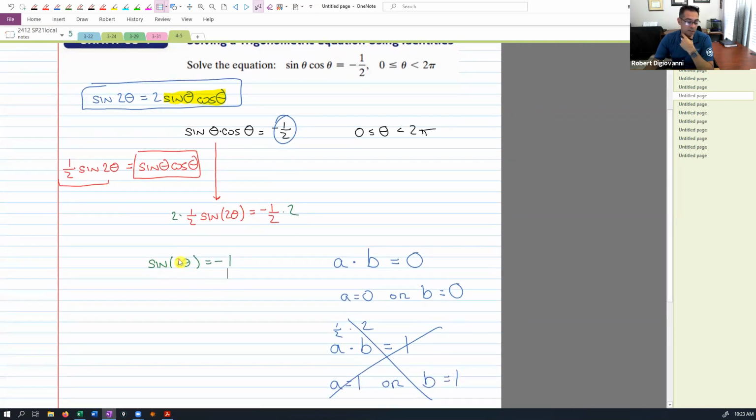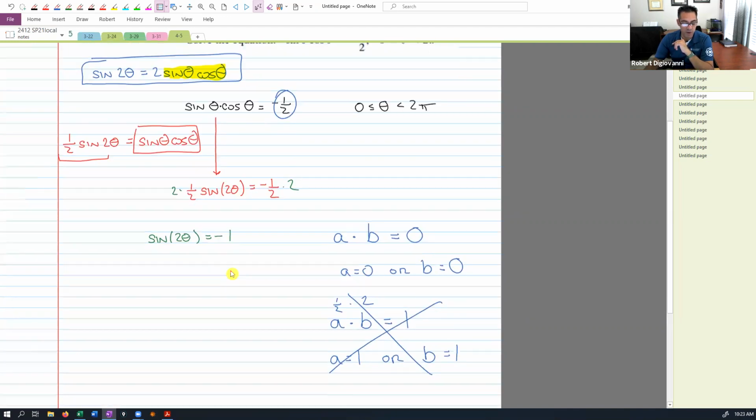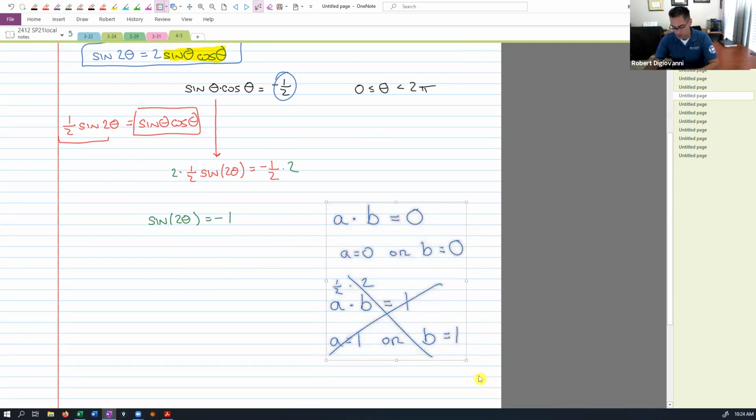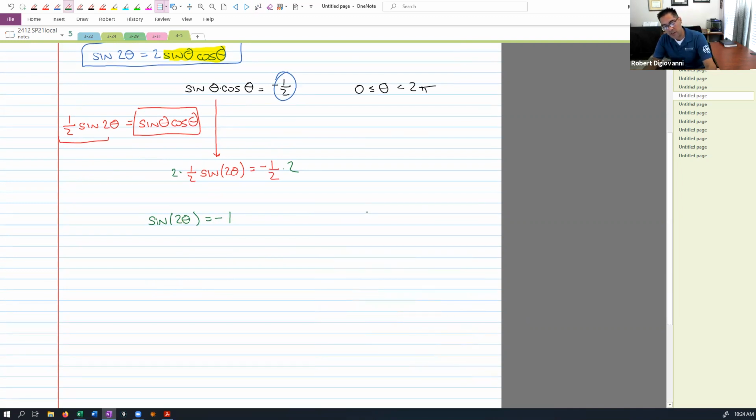Now that you have it down to a single trig function, you're saying sine of some angle is -1. So what we say to ourselves, okay, sine on the unit circle, sine is the y coordinate, and we want to know where the y coordinate is -1. That happens here, and that angle is 3 pi over 2, right?